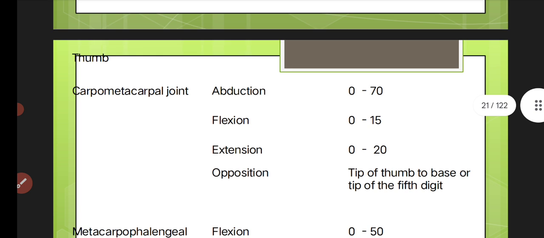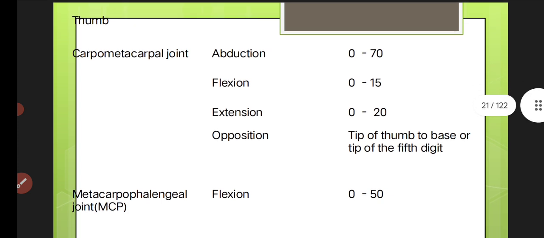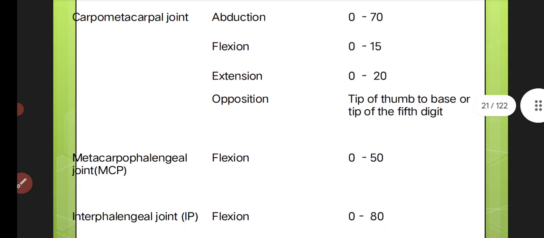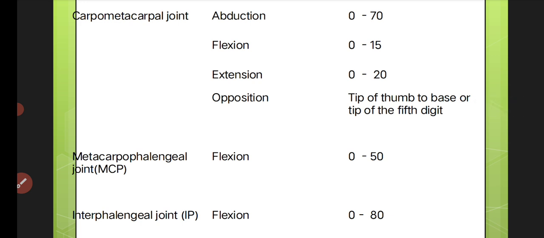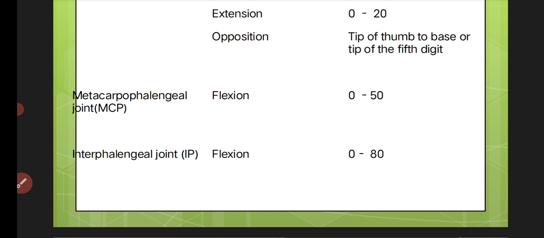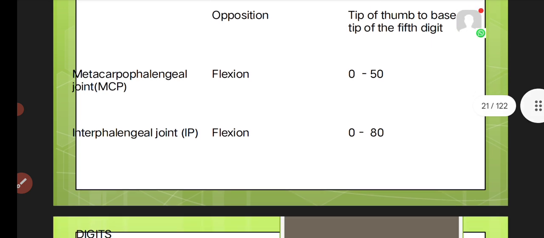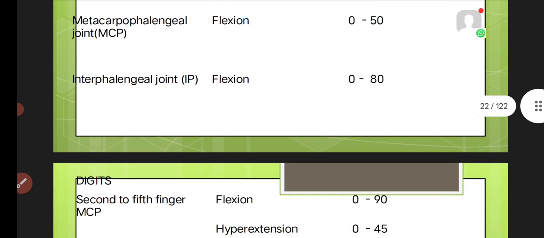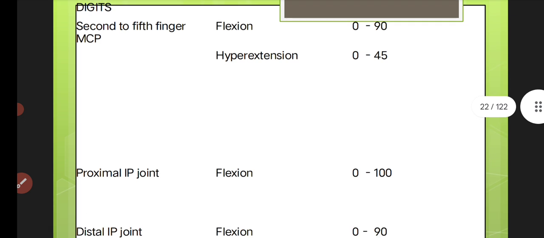Thumb carpometacarpal joint, abduction is 0 to 70, flexion is 0 to 15, extension is 0 to 20 degrees, opposition is tip of the thumb to the tip of the fifth digit. Okay, metacarpophalangeal joint, flexion is 0 to 50 degrees and extension will be vice versa, 50 to 0 degrees. Same for the interphalangeal joint, flexion is 0 to 80 degrees and extension will be vice versa, 80 to 0 degrees.